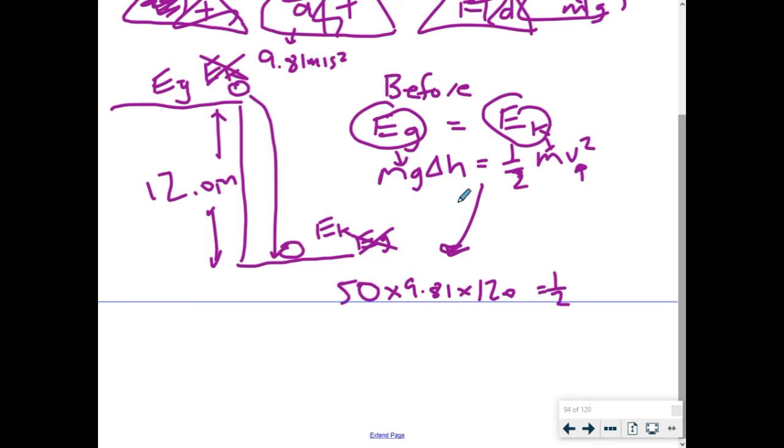But if we have what's ideally a closed or isolated system, the mass shouldn't change from before to afterwards, so mass should still be 50. And then the last thing we need to do is we're trying to solve for velocity. So I'm going to leave that as v squared. And what's happened now is I've basically substituted in all of the different values.